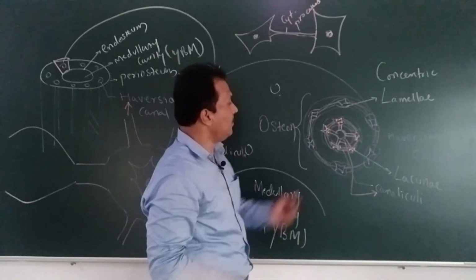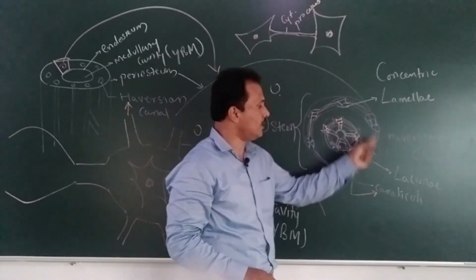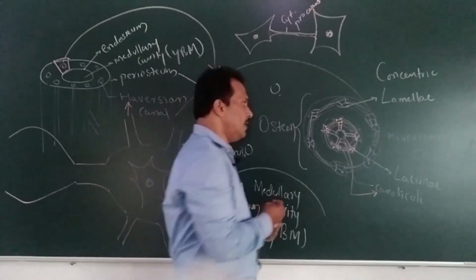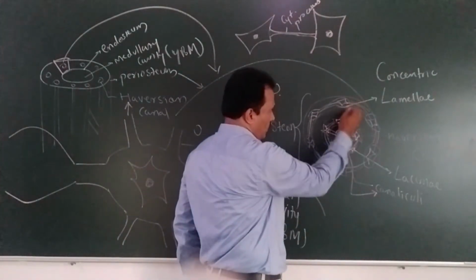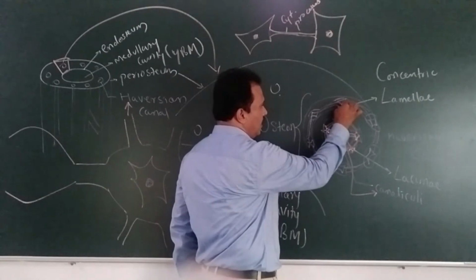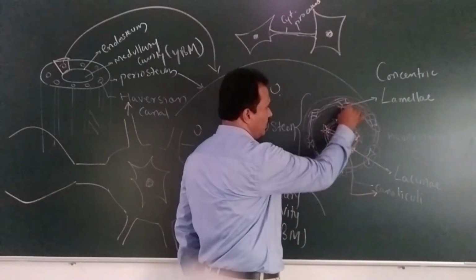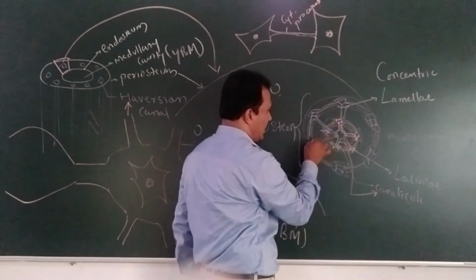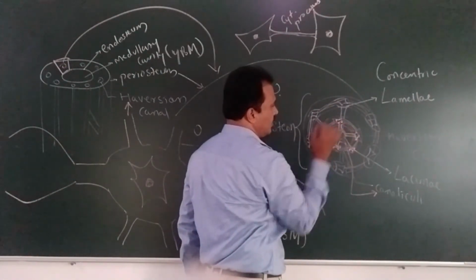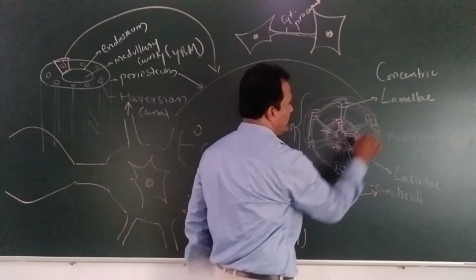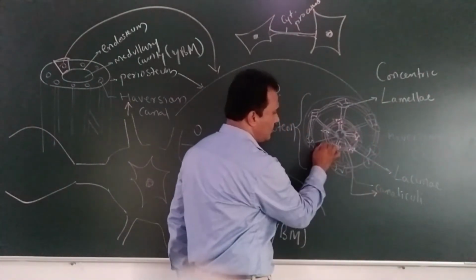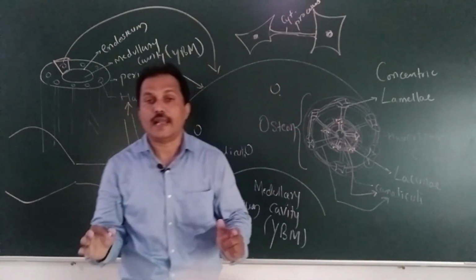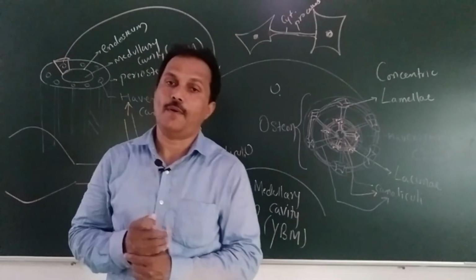At the same time, these osteocytes are connected with each other with the help of cytoplasmic processes, as well as these lacunae being connected to the Haversian canal with the help of canaliculi.